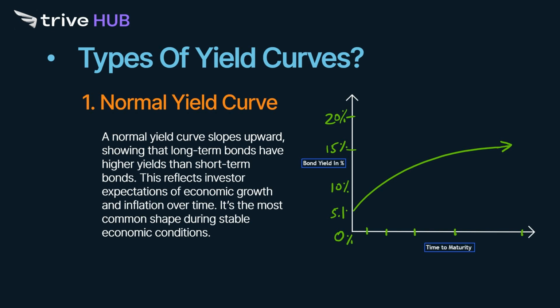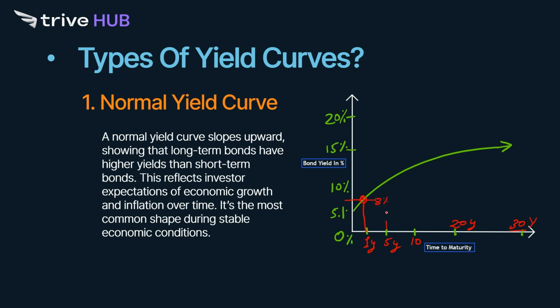So if we want to conclude from this chart, let's say this is 1 year, this is 5 year, 10 year, 20 year and 30 year time to maturity.